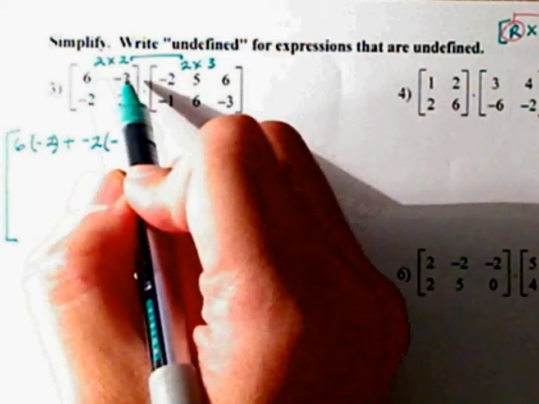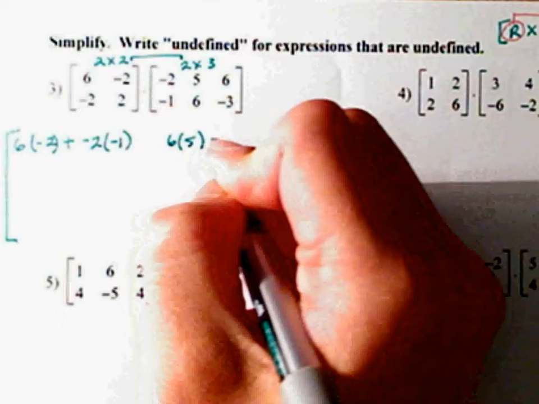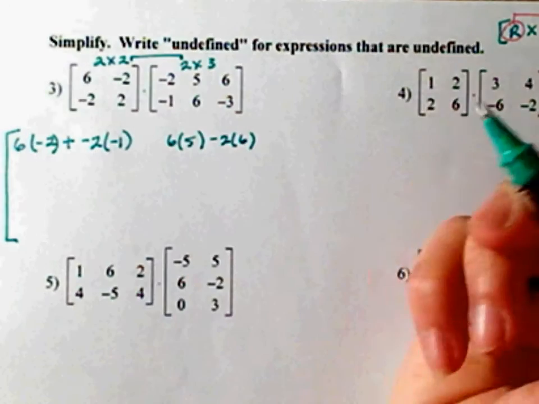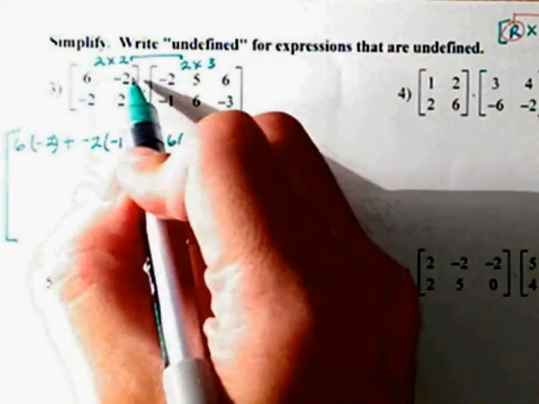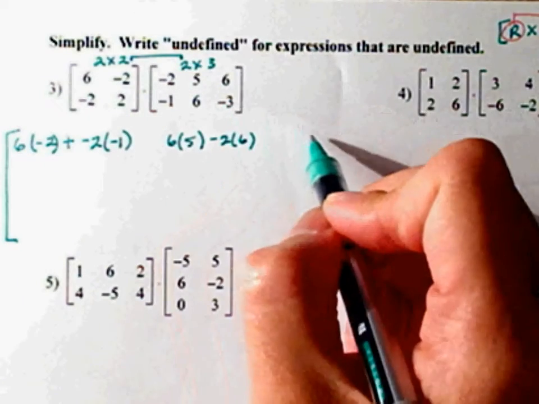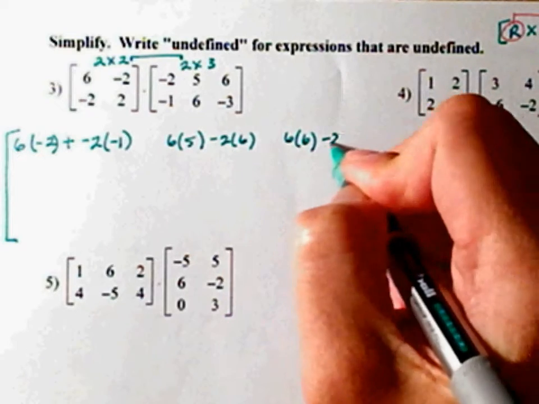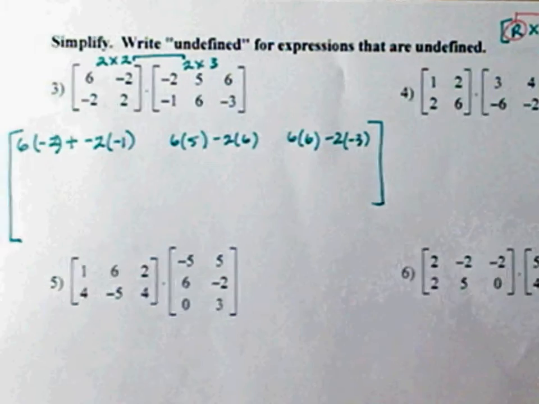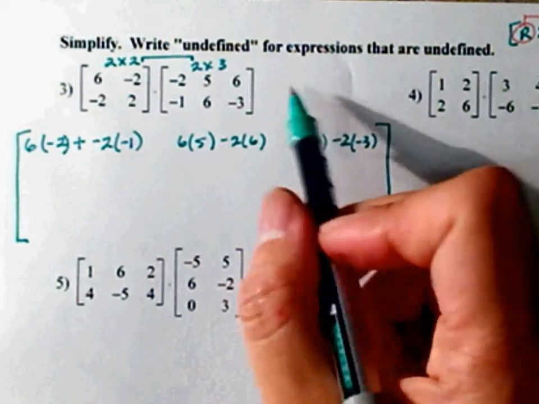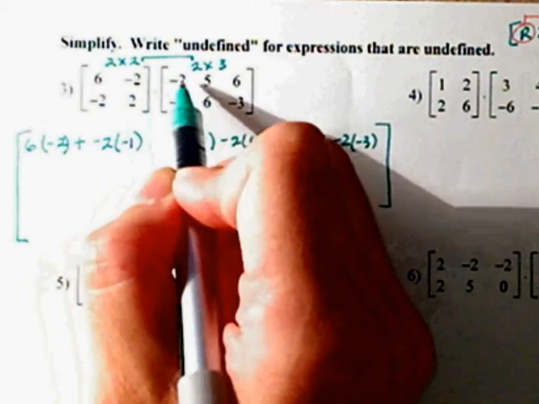Next, first row, second column. 6 times 5 minus 2 times 6. You're always going to be adding. First row, third column will be your third column right here. So 6 times 6 minus 2 times negative 3. Okay? And there's your work. And I'm going to write my answers up here. Second row, first column.